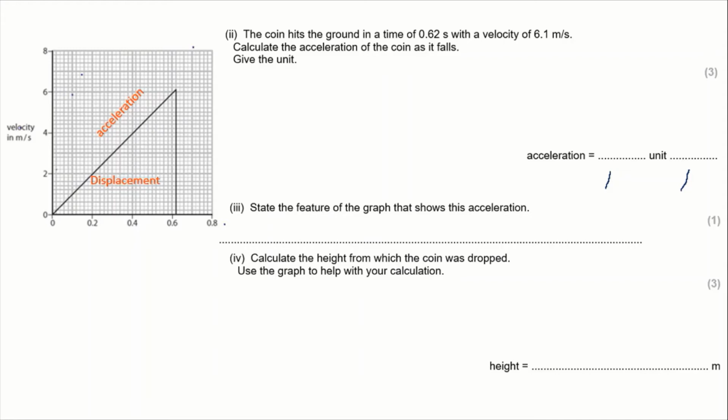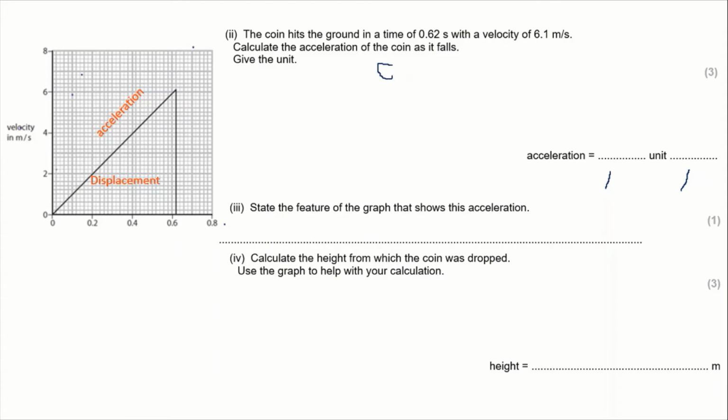The other mark is allocated for your substitution, basically your workings. So your working should indicate that you are using the previous equation, a equals v minus u over t. You don't have to write it again because we need to save time.